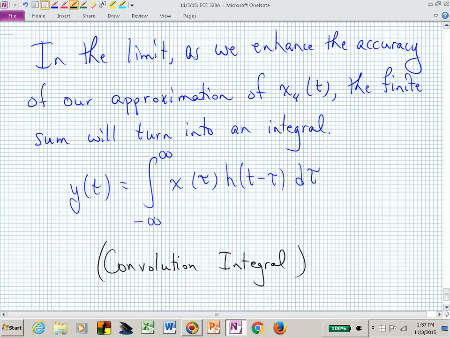Tau is our variable of integration, but t is also allowed to go from minus infinity to infinity. If I give you a value of time t, let's say 6, then you would have h of 6 minus tau. Then we might want to find what is y of 7. We would plug in t of 7, and we would have h of 7 minus tau.